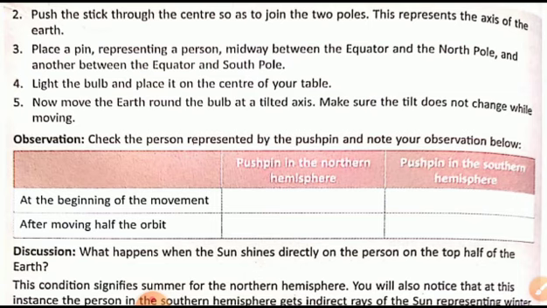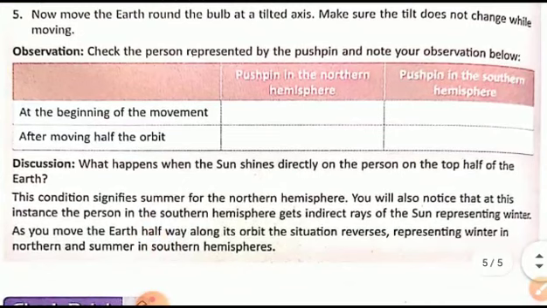So what happens when the sun is directly on the person on the top half of the earth? When the sun shines directly on the person, in that case we will have summer for the northern hemisphere, and you will also notice that at this time the person in the southern hemisphere will have the least sun rays, indirect sun rays, representing winter.